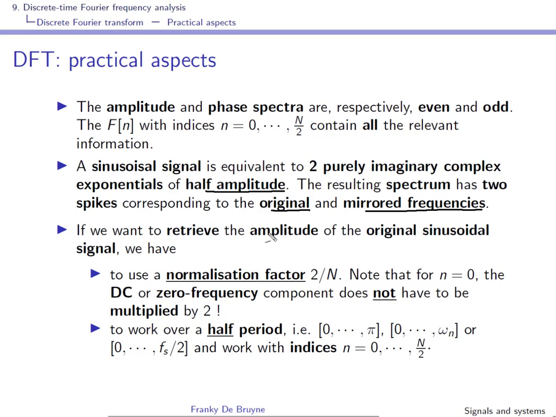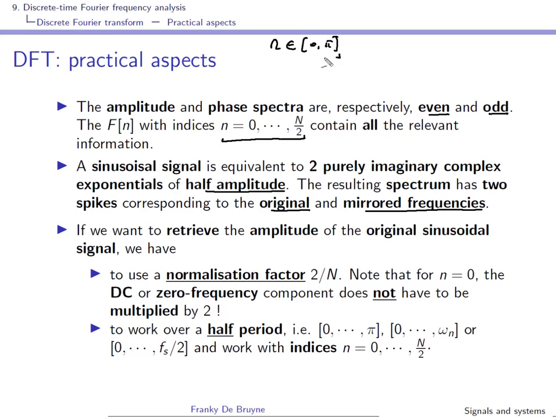If we want to retrieve the amplitude of the original signal, we'll work only with the indices that go from 0 to N over 2. So this is considering the spectrum in the interval 0 to pi. We can do this because the amplitude and phase spectra are respectively even and odd. So it does not bring anything to consider the discrete frequency in the interval minus pi to pi.